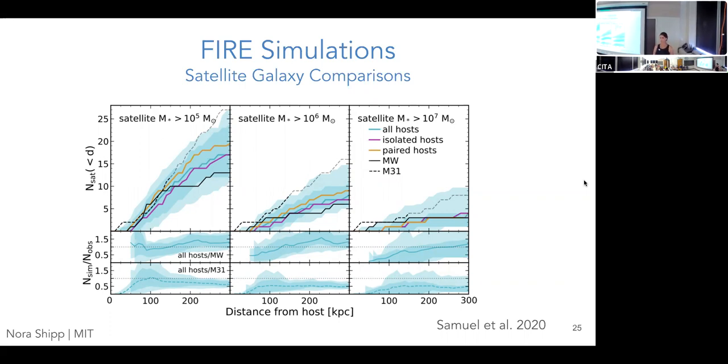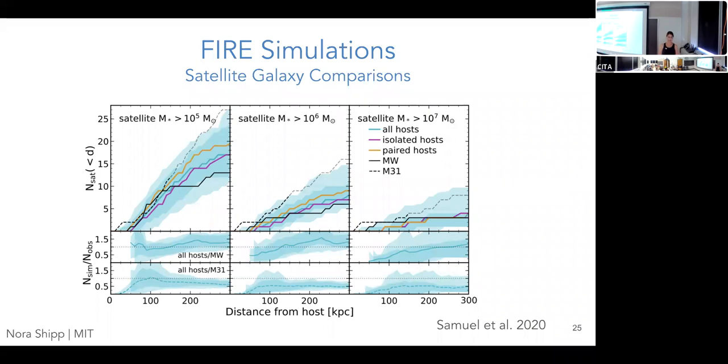FIRE does a pretty good job of reproducing the intact satellites, but I think it's really important also now that we have this data on stellar streams to include the population of streams that are undergoing tidal disruption. This is both because we're increasing our sample size, comparing more satellites between simulations and observations, and also because tidal disruption is a large source of uncertainty in these comparisons.